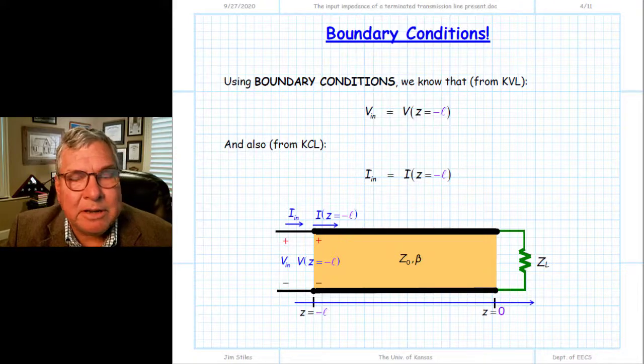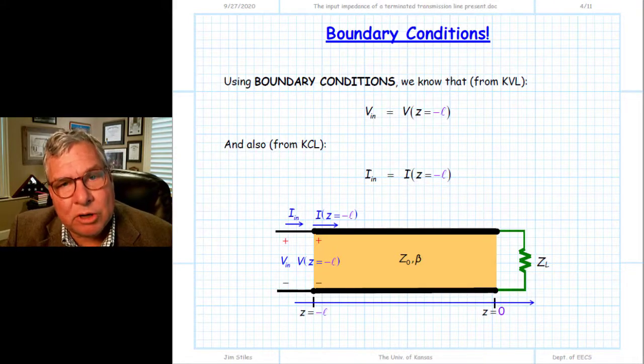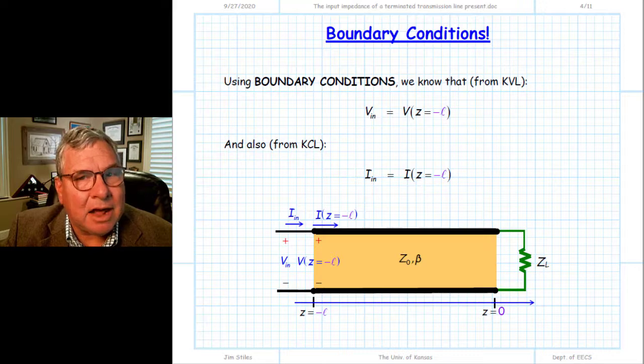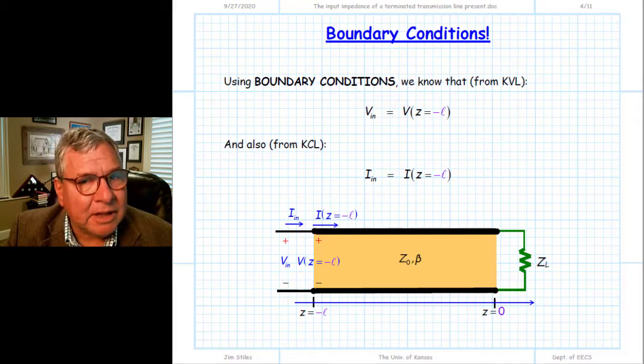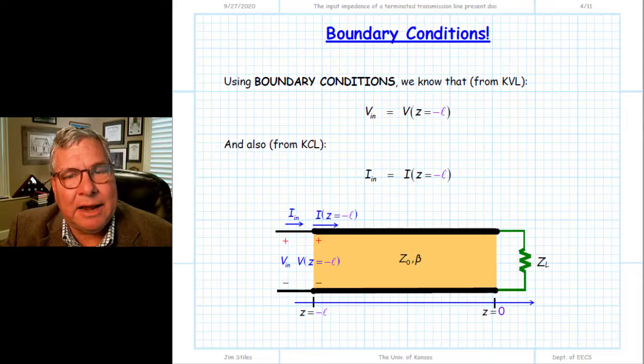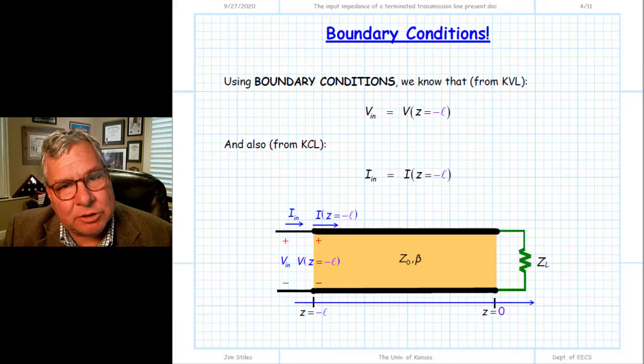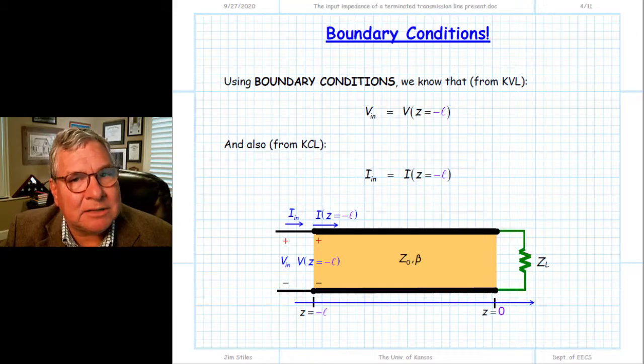Now we can determine the input voltage and the input current with knowledge of our one-port device, our terminated transmission line. Of course, we know the current and voltage at every location along that transmission line to within a complex constant V0 plus.